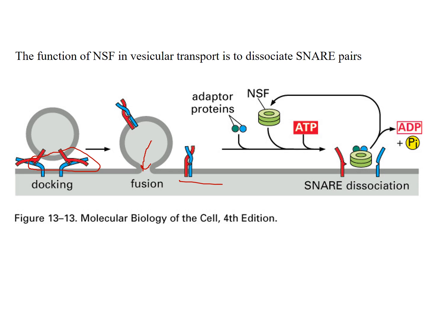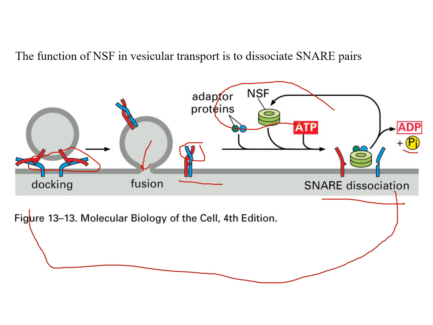So they found adapter proteins. Here's our NSF and ATP. All of these bind these twisted Twizzlers and untwist them. SNARE dissociation. Energy's lost, and now these are free to dock again.